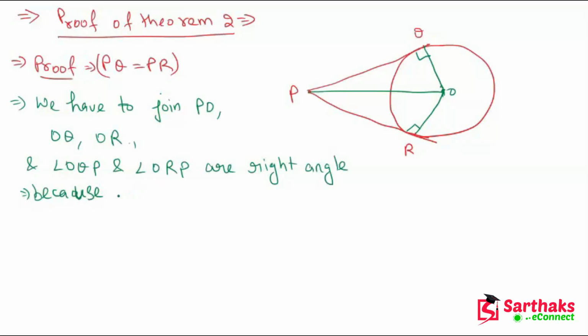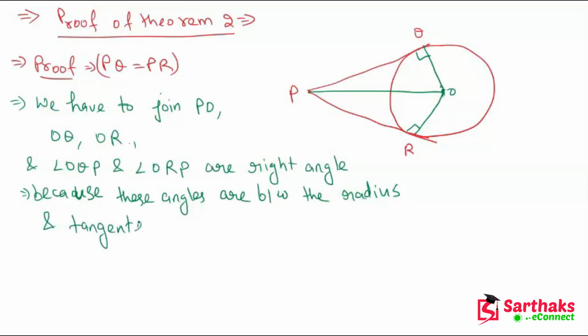Because these angles are between the radius and tangents, according to theorem 1 also.